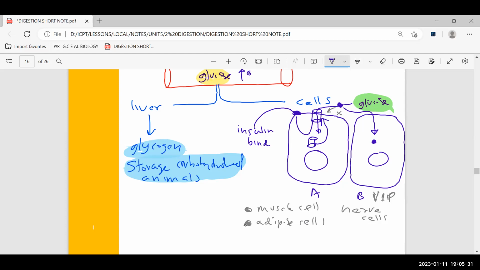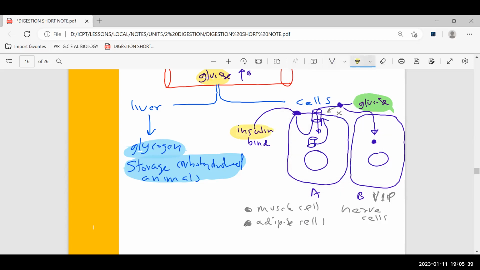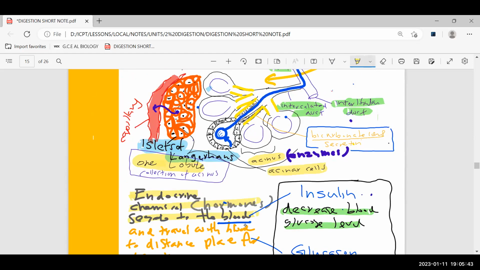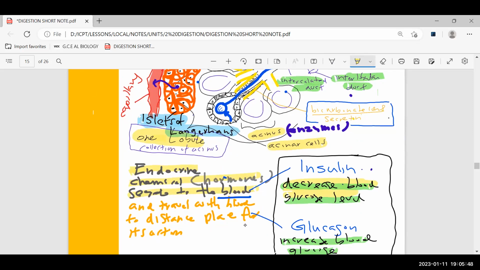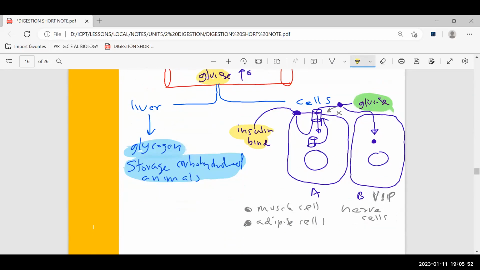So most of the cells need insulin's help. That's what I told you. After a meal, insulin reduces the blood glucose level. Insulin decreases blood glucose level. Then the person's blood glucose level becomes normal. Every cell takes glucose, and they can produce energy.